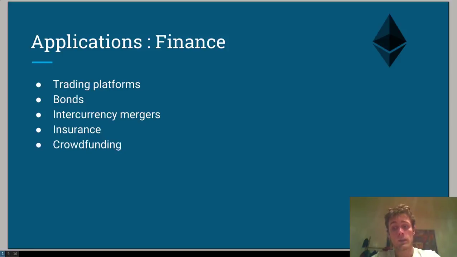Something that is really big, and I think might be one of the applications that starts it off, is crowdfunding. If you want to do venture capital in the US, you need to have at least $1 million in assets and something like 200,000 US dollars or even more in revenue per year.